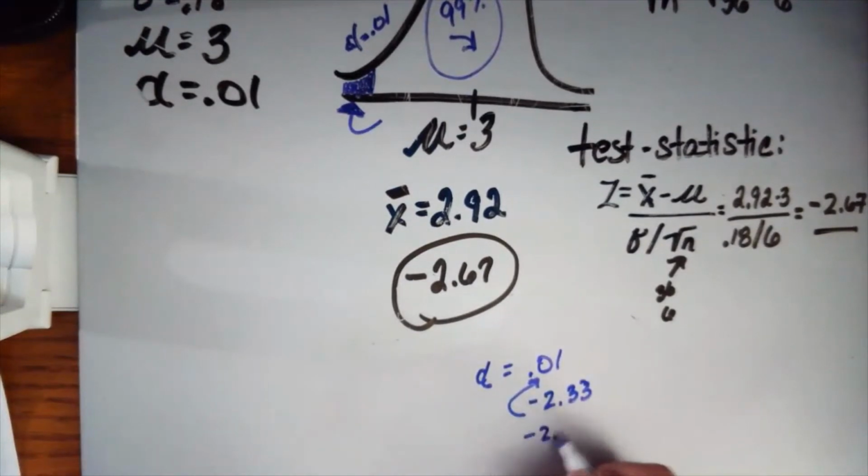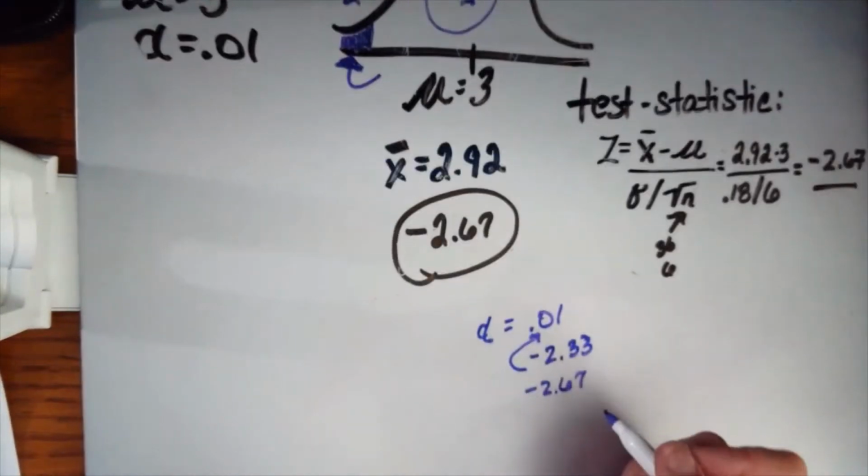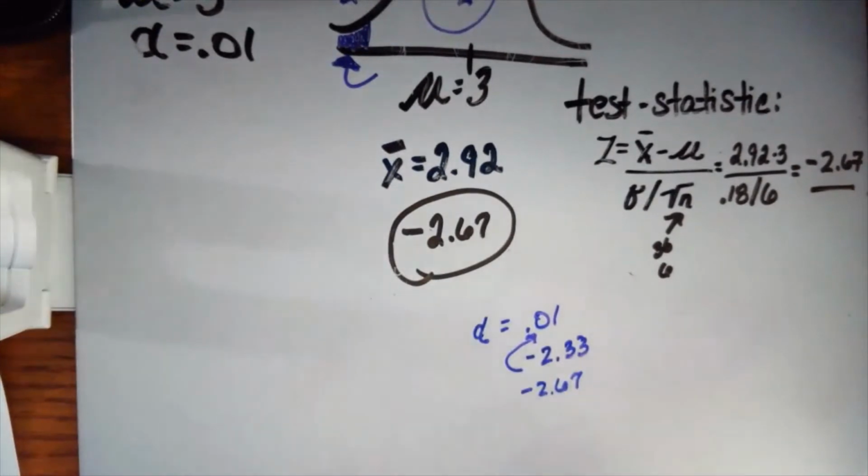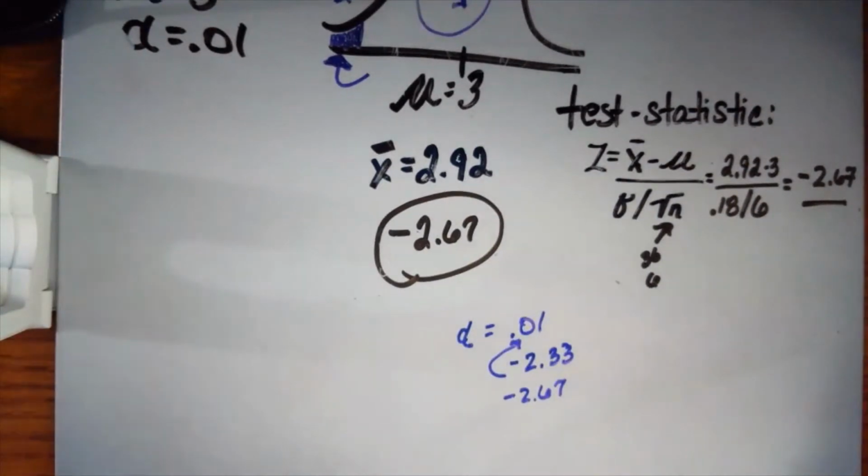If we have a negative 2.67, we can go to the table in our book, or we can use an Excel formula. To figure out the probability that's associated with negative 2.67, we're going to go to Excel, or you can use the table at the back of your book.